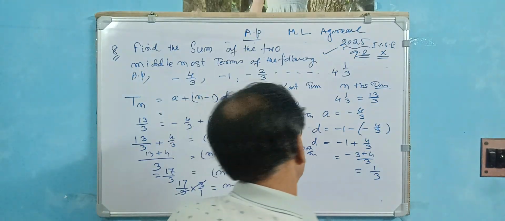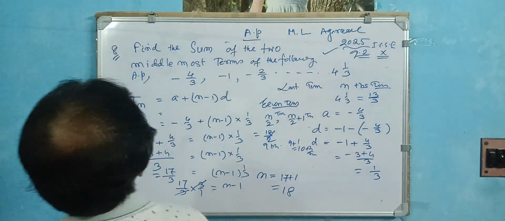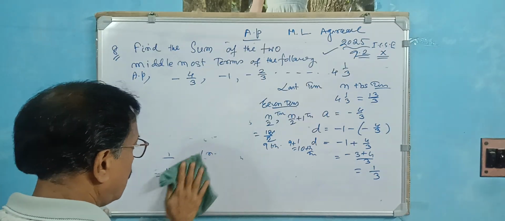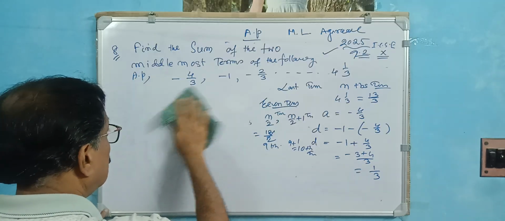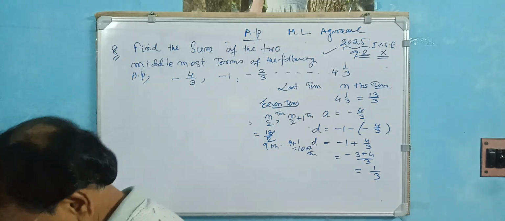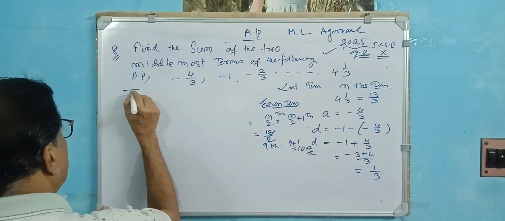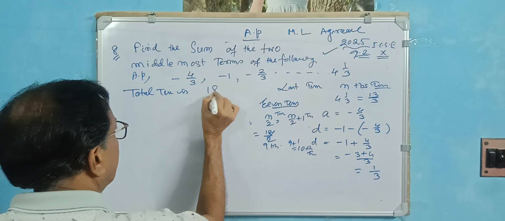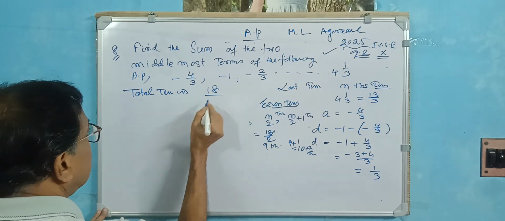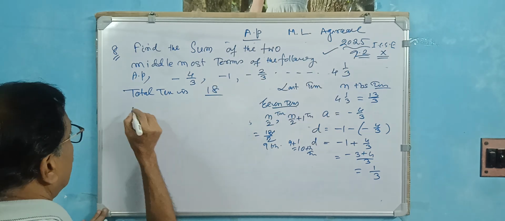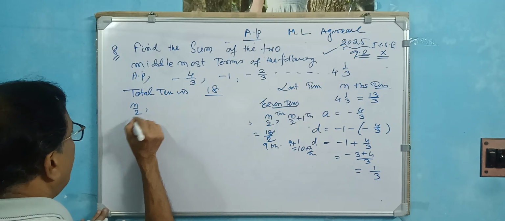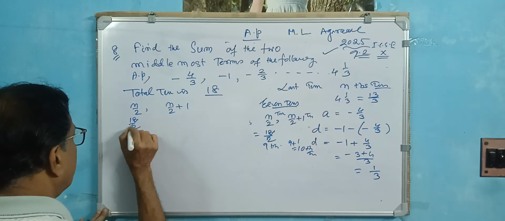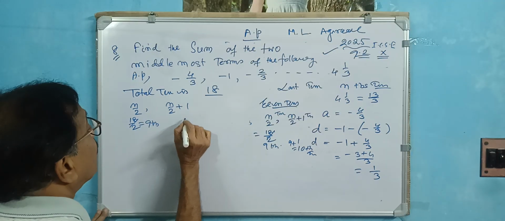Now you calculate. Okay, the middlemost term is this. Find out the total number of terms, which is 18. Now the middlemost terms, since it is an even number, are the n by 2 term and the n by 2 plus 1 term, that is 18 by 2, the 9th, and the 10th.